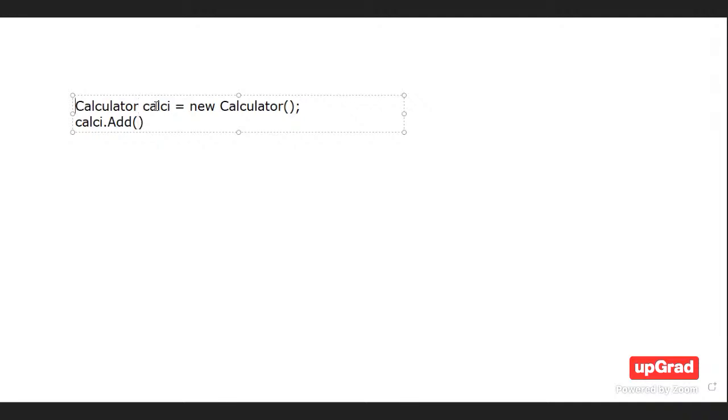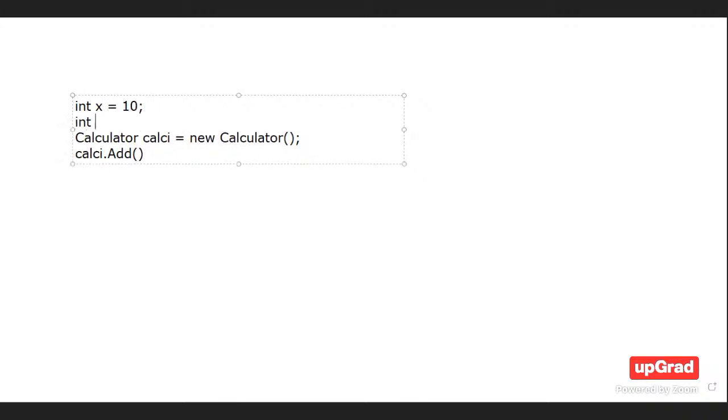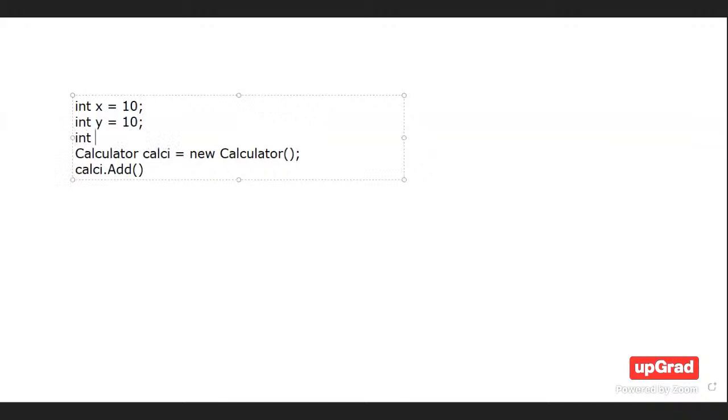So I can say integer x equal to 10, integer y equal to 10, and expected equal to 20.